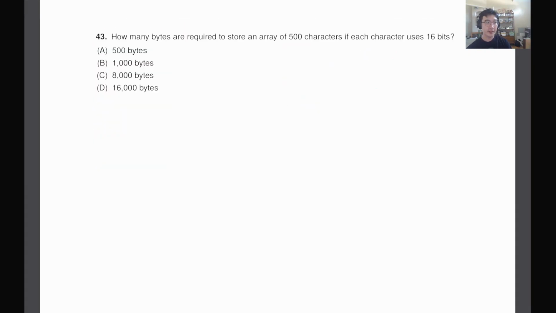Question 43. How many bytes are required to store an array of 500 characters if each character uses 16 bits? All right, so one thing you do need to know for this, and write it down in your vocabulary, 1 byte is 8 bits. Okay, and that might help you with the math that you have to do for this problem.